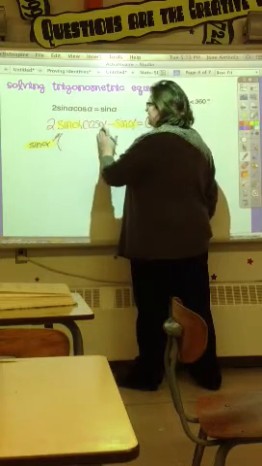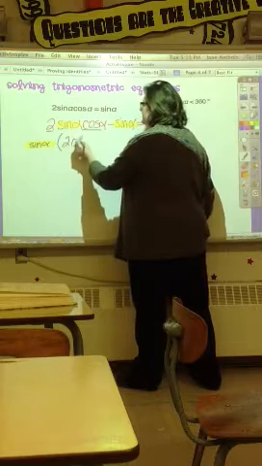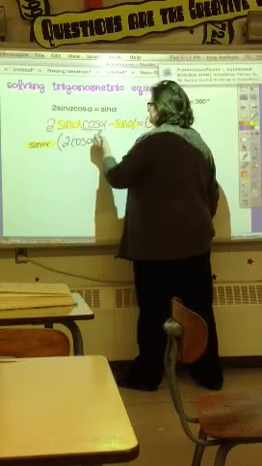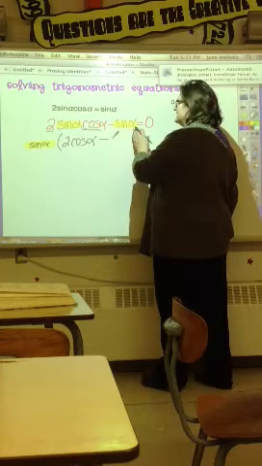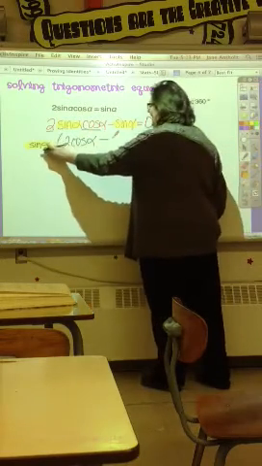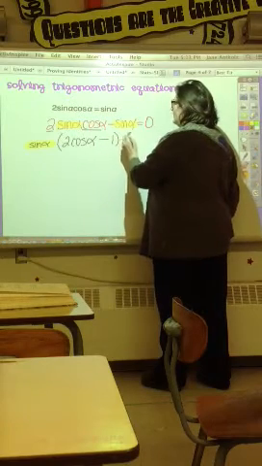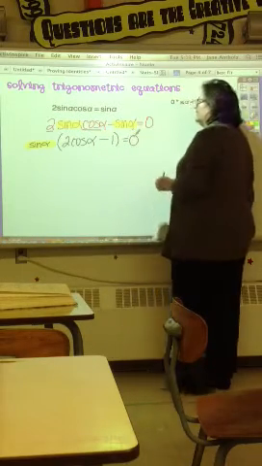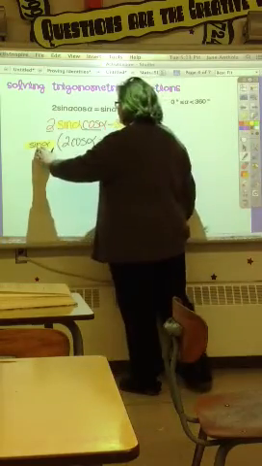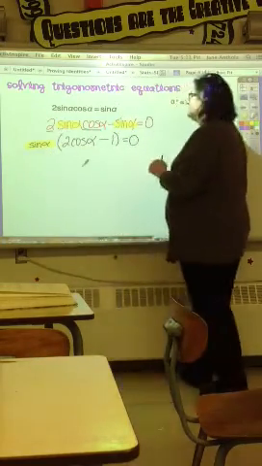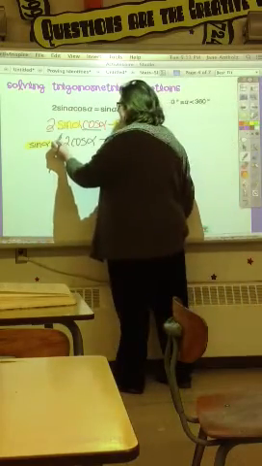If I factor it out of the first term, I'm left with 2 cosine alpha, minus, if I factor it out of this term, you have to think sine of alpha times what gives me sine of alpha, and that would be 1. Notice it's still in terms of two trig functions. It's in terms of sine and cosine. But it's okay now because it's written as a product.